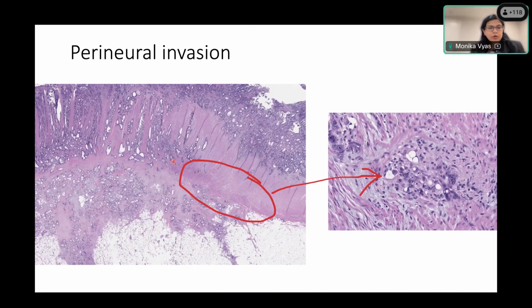So if you follow the tumor along between the longitudinal and circular muscle layers of the muscularis propria, you will often find tumor extending along the nerves there. So that is perineural invasion, but you can find perineural invasion in the pericolic fat also anywhere in the tumor, but this would be a common location to watch out for.